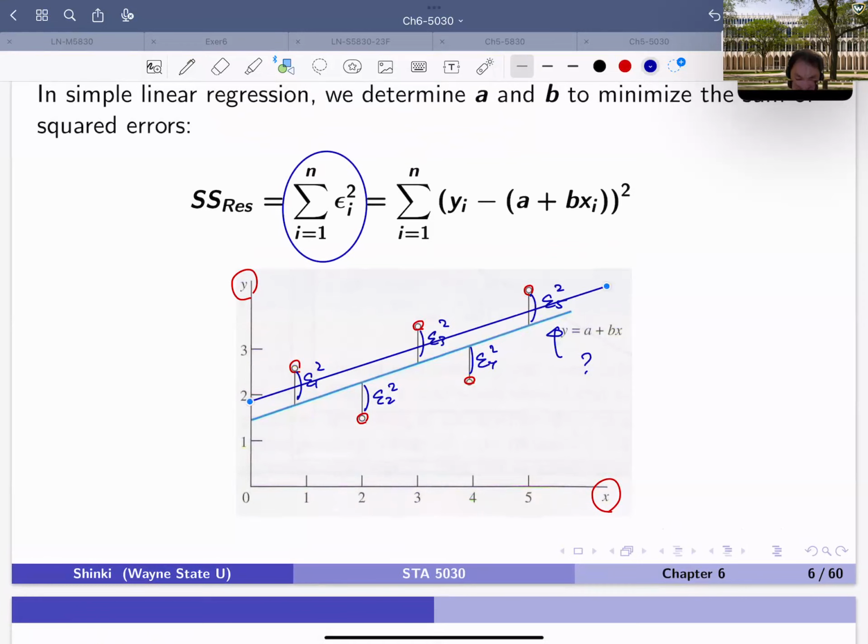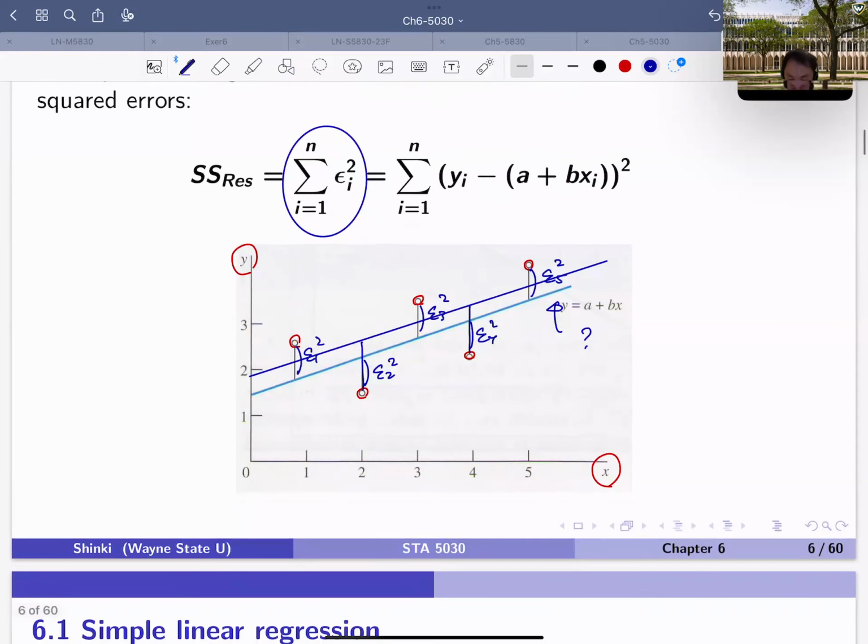Actually, for epsilon 1, epsilon 3, epsilon 5, the error size gets smaller, but epsilon 2 and epsilon 4 get much larger. So that makes the sum of squared errors larger. So with this rule, if we determine the straight line with this rule, actually it's optimal in some sense.